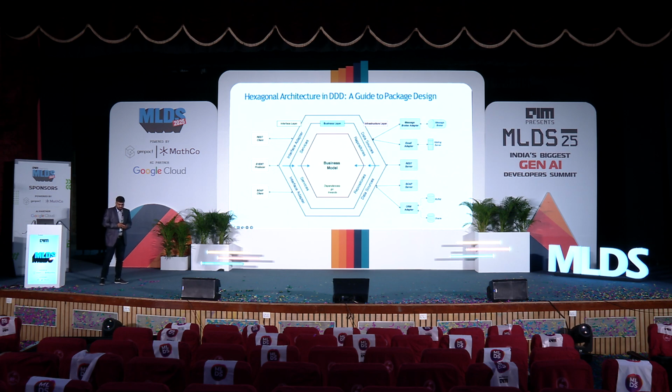And the hexagonal pattern, I think all of you must be familiar with. So how is DDD aligned with the hexagonal architecture? You can see the business model, which is the domain model, in the center. You have a very thin layer of services and repositories outside of it, right?